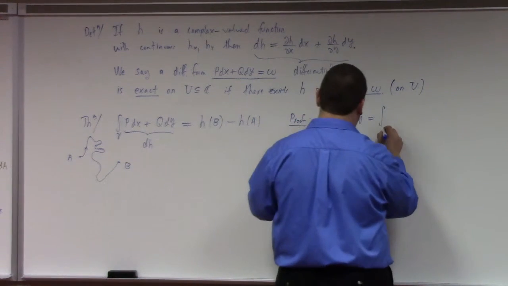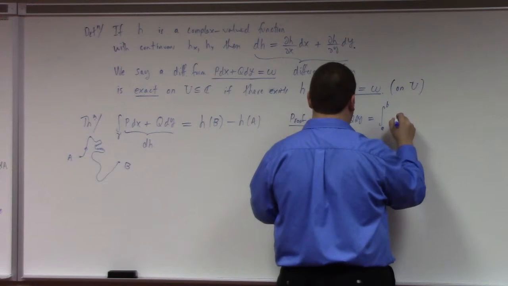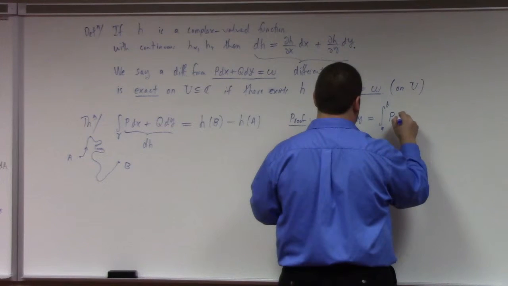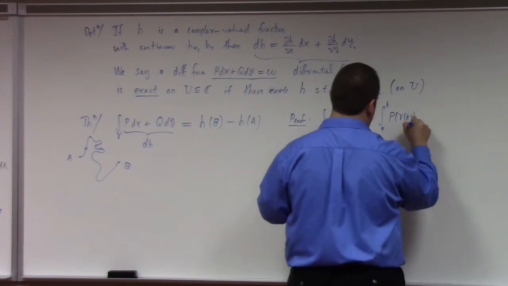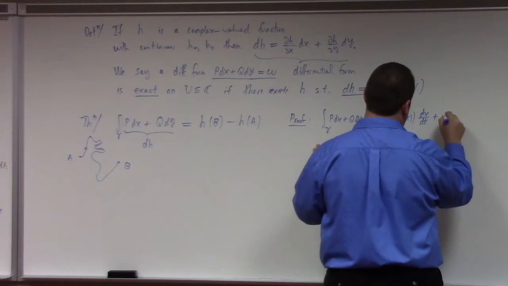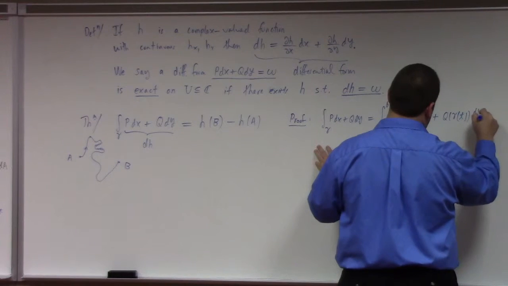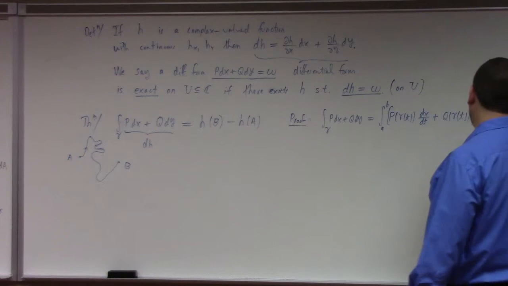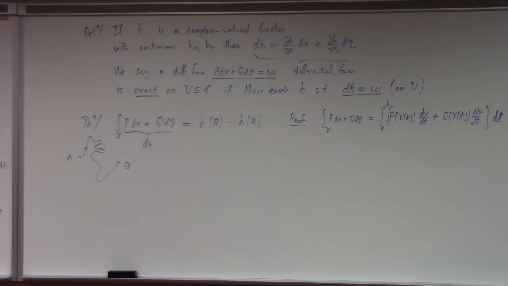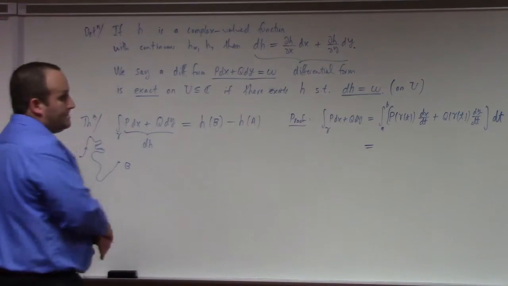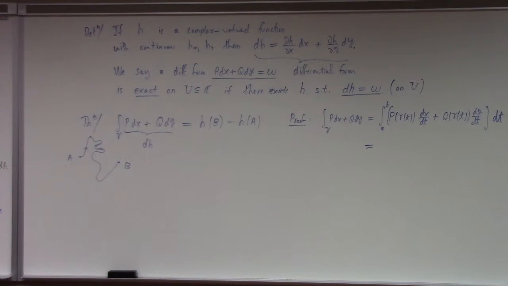So that's the integral from a to b of p of gamma of t times dx dt plus q of gamma of t times dy dt, all dt. But you know what? That's exactly the chain rule.